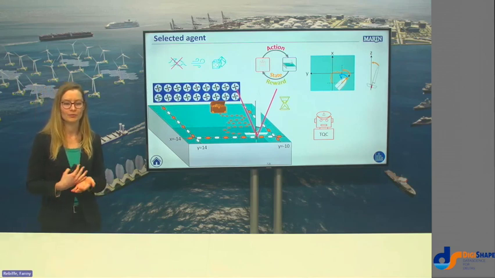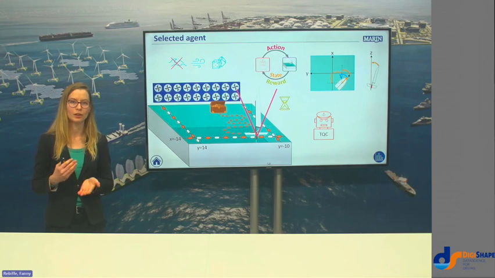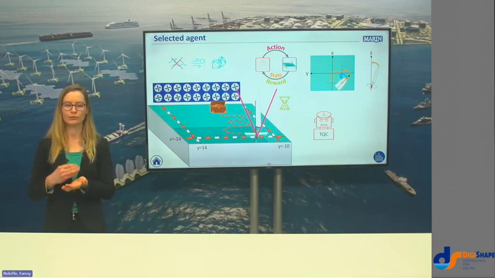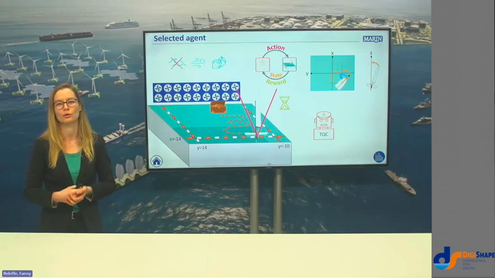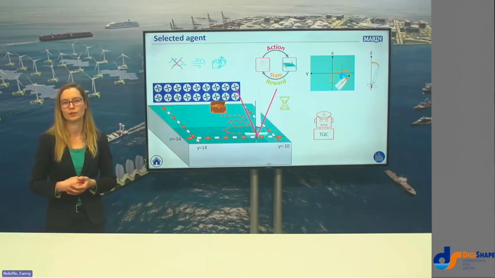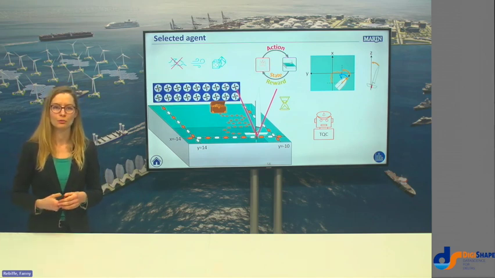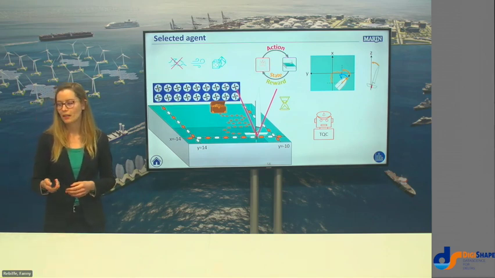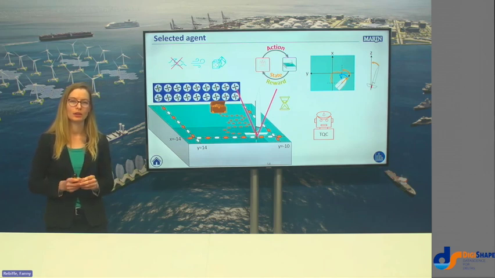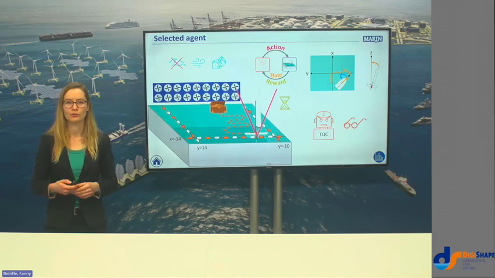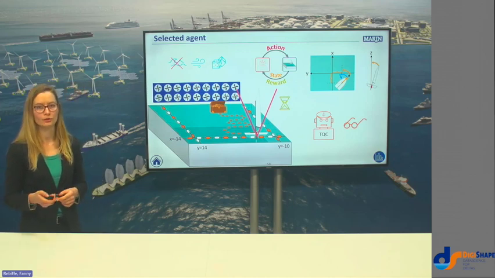Here, with a parameter called the discount factor, we can decide how far our agent will see in the future, or how interested it will be by a future reward. And if this discount factor is small, we say that our agent is myopic. So that's one of the hyperparameters we have chosen here.